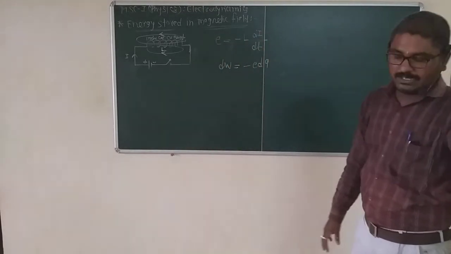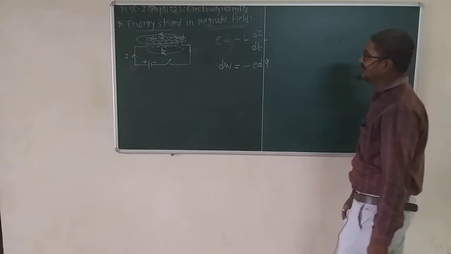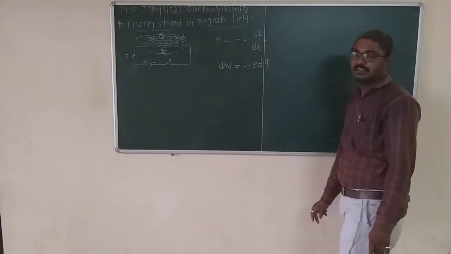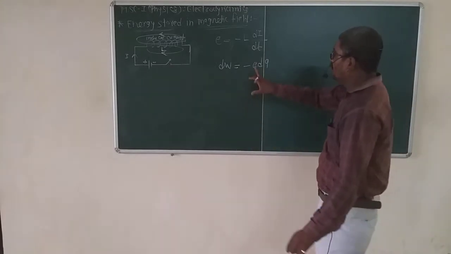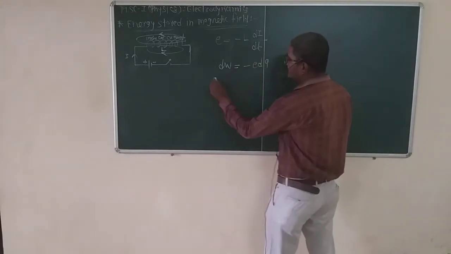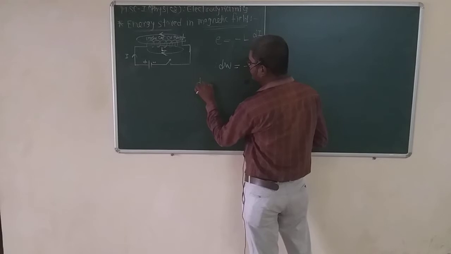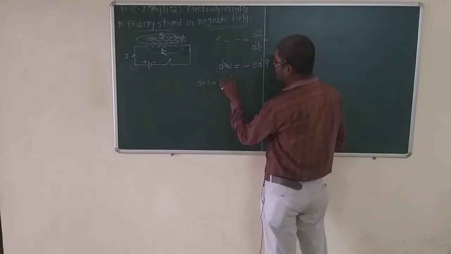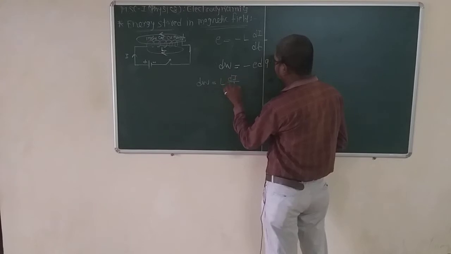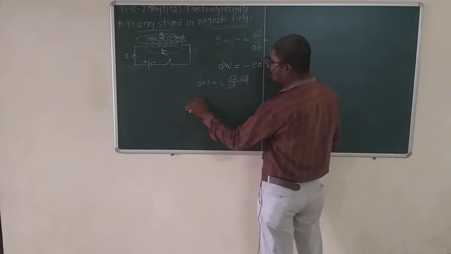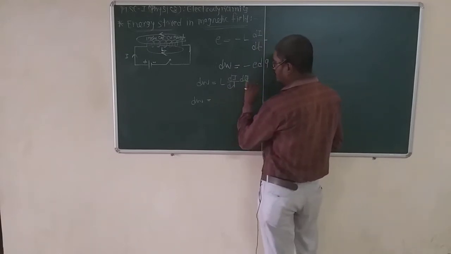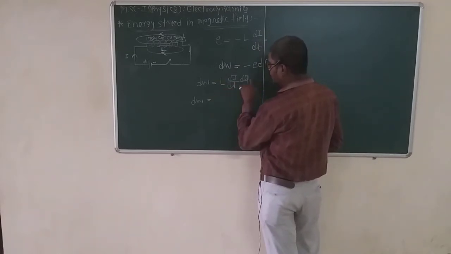E is the induced back EMF, E is equal to minus L di by dt, and the work done dW is equal to minus E into dq. Then we put the value of E in that equation, and therefore dW is equal to minus, will be plus, L di by dt into dq. This dt will be divided, dq divided by dt.